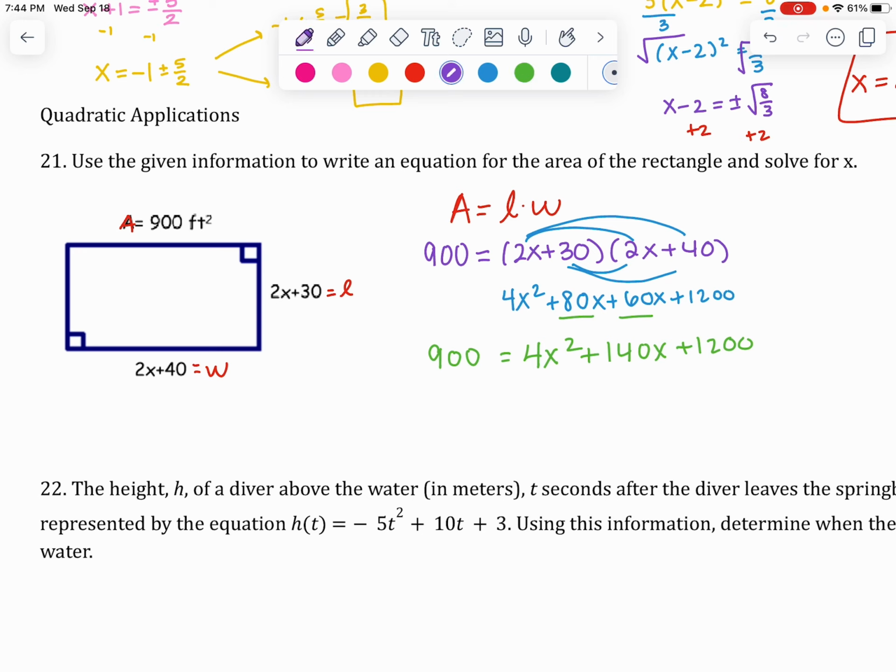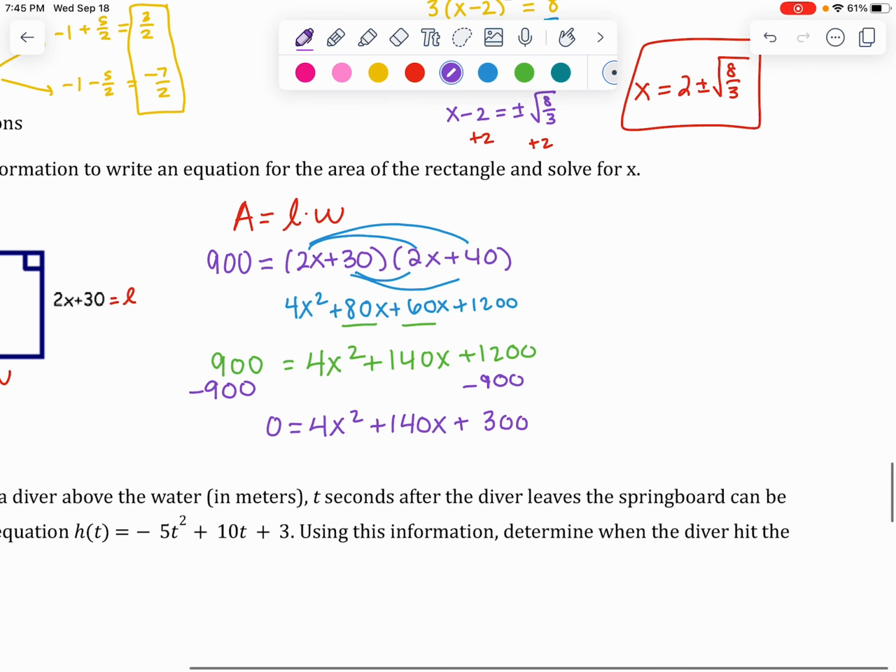Now I want to solve this equation, so I need to get it equal to 0. I'm going to now subtract 900 from both sides, and I get 0 equals 4x squared plus 140x plus 1200 minus 900 is 300. Now I'm going to just use the quadratic formula.